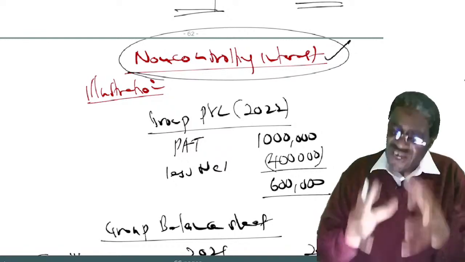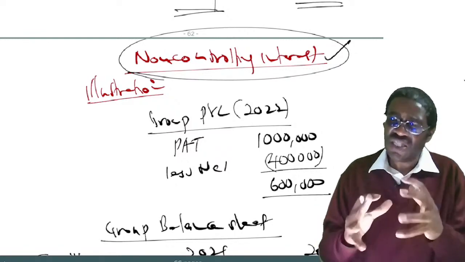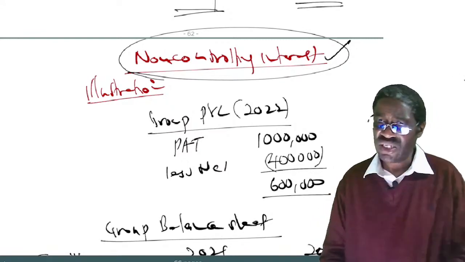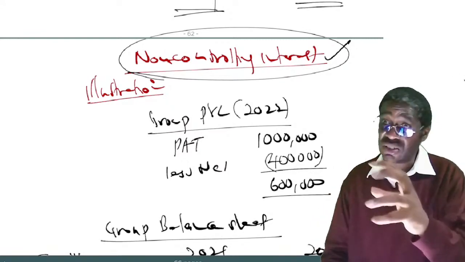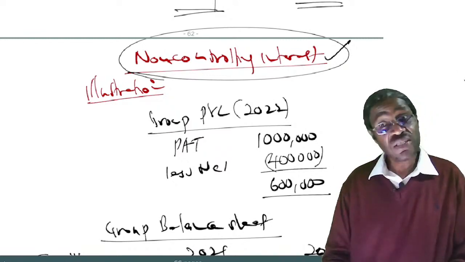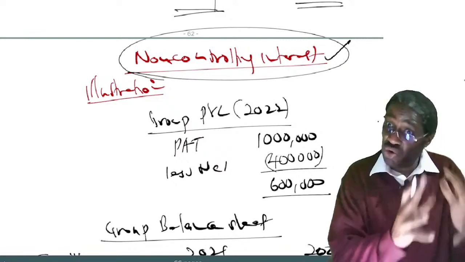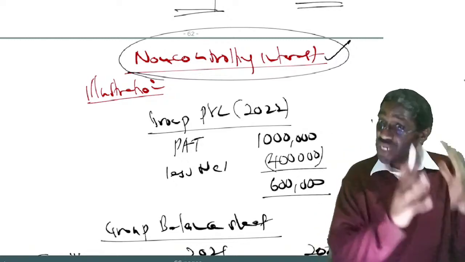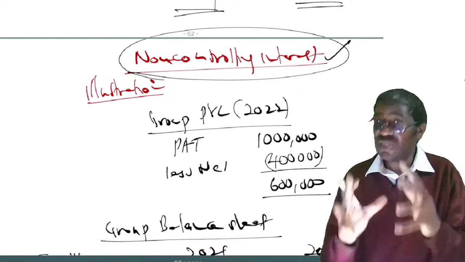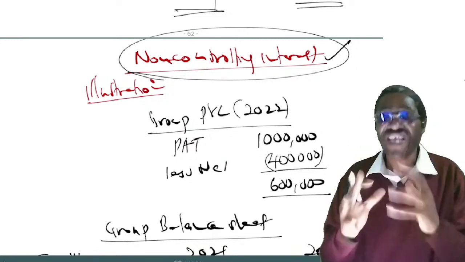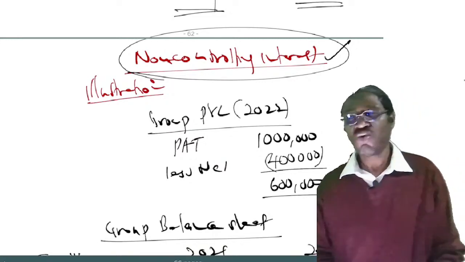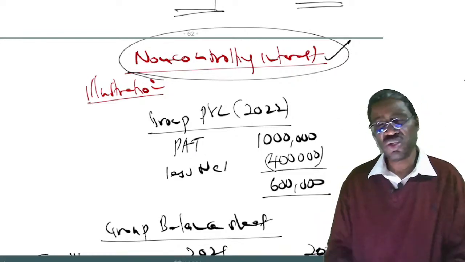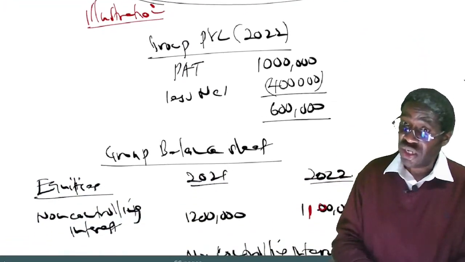Their interest in the group, as far as cash flow is concerned, how do you account for it? The 30% shareholders. We said, as far as cash flow is concerned, you calculate what we were calling the cash dividends paid to the non-controlling shareholders.